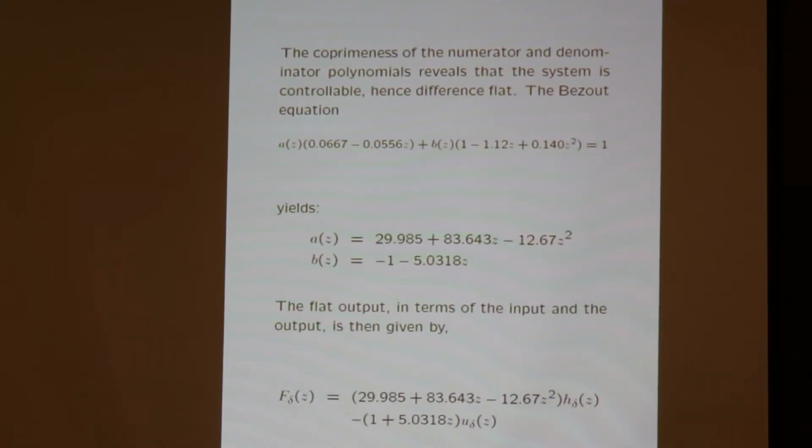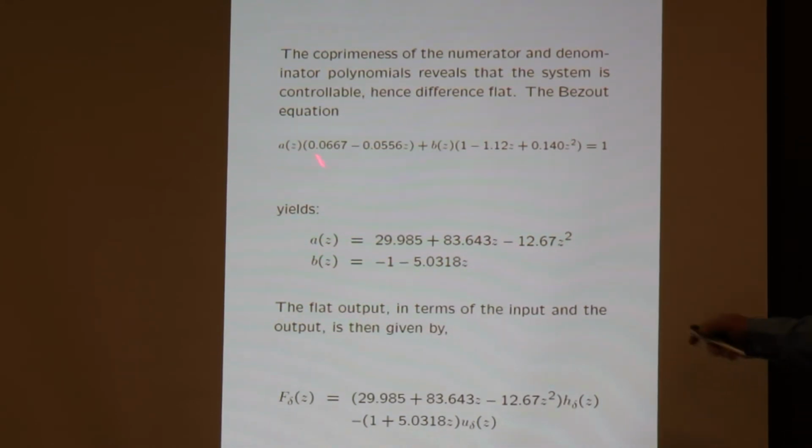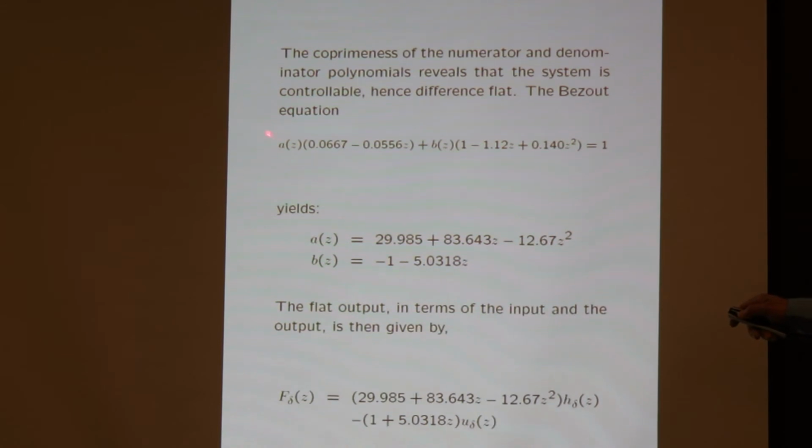the flat output approach. We compute the Bezout polynomial coefficients a and b, a multiplied by this numerator and b multiplied by the denominator should be equal to 1. You can compute the coefficients of a and b, and it turns out that b is first order and a is second order.